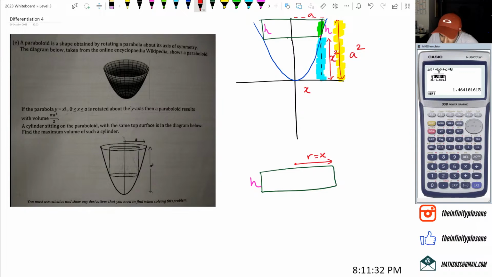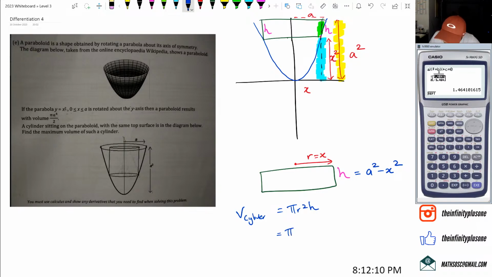So I hope you guys can see what I've done there. I've got the height now. The height of this cylinder is the yellow part minus the blue part, which means the height of the cylinder is equal to a squared minus x squared. So now we've got the volume of a cylinder, which is pi r squared times h.